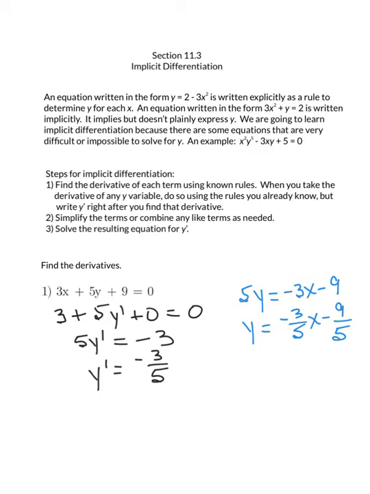Now, if I do the derivative of that, y prime would equal the derivative of negative 3/5 x, which is negative 3/5, and the derivative of 9/5 is 0. So we did get the same answer. So you can see that this technique does work.